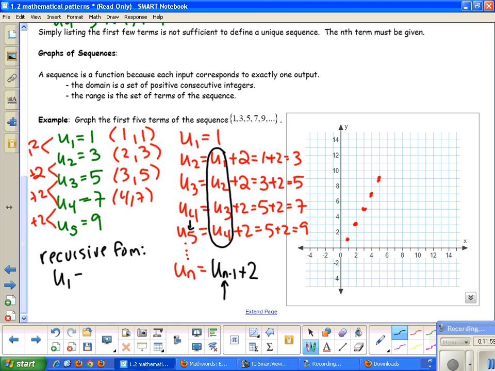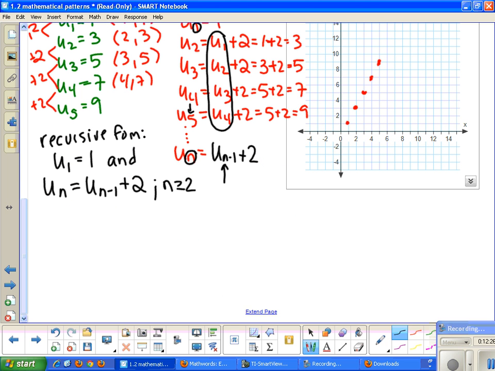So my first term would be u sub 1, and then I need the formula to find the nth term. The formula is u sub n equals u sub n minus 1, my previous term, plus my common difference, 2. Now, notice that if I'm starting off with this being 1, that means these n values have to be greater than or equal to 2.